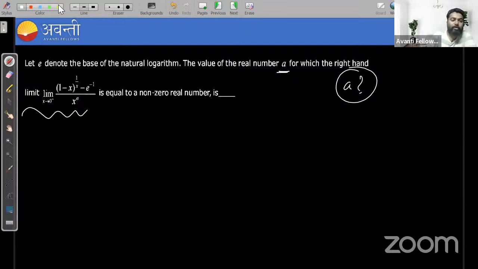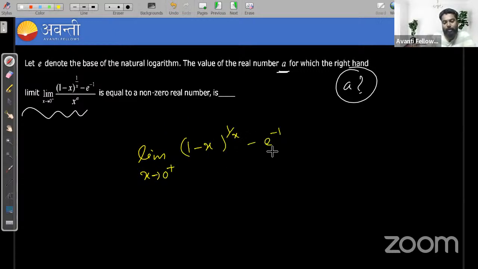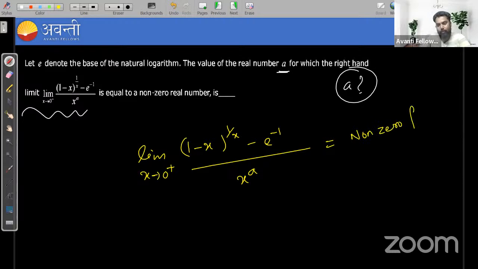It is given that limit as x extends to 0 plus of (1 minus x) to the power 1 by x minus e to the power minus 1, divided by x to the power a, is equal to a non-zero finite number. So you need to find the value of a.